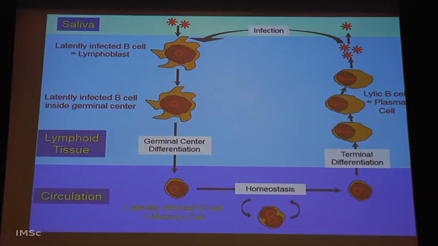This happens very, very quickly, according to some experiments, so we don't need to consider the free virus a stage in our model, because either the viral particles are very quickly shed into the saliva, or if they remain in the body, they immediately infect new cells. So essentially, this stage is not really visible to the immune system because things happen very fast.